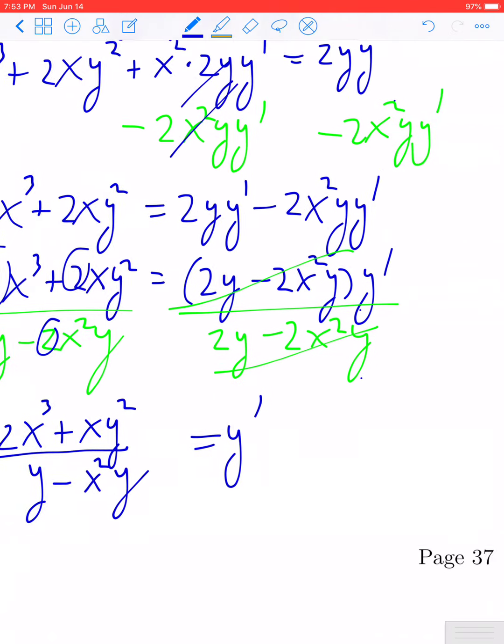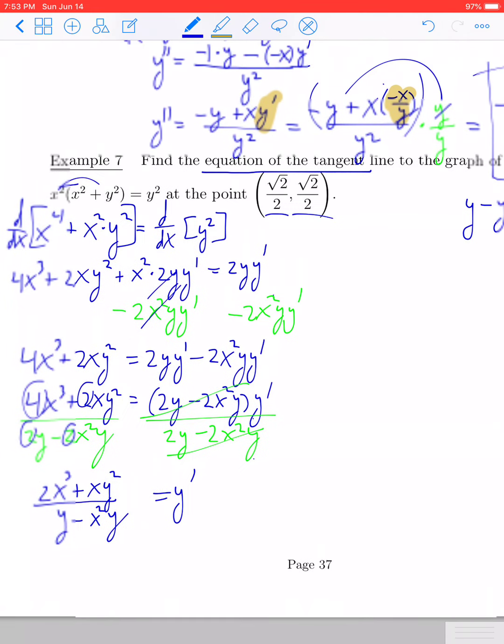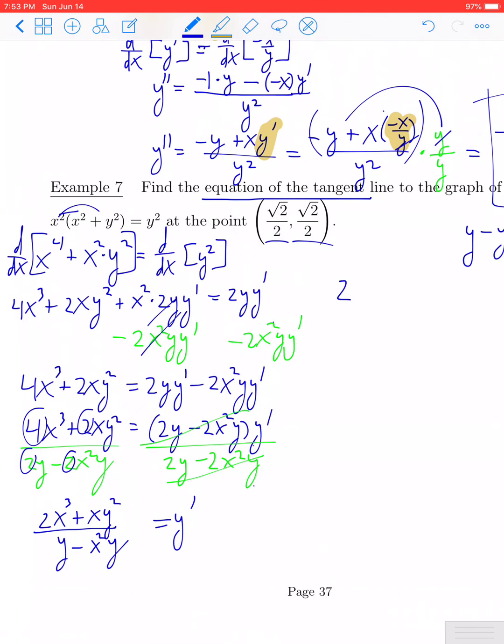So everywhere, and I'm going to need a little room for this. So we have 2x cubed. I'll plug it in up here.